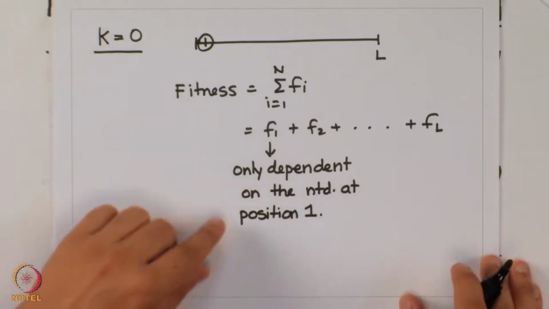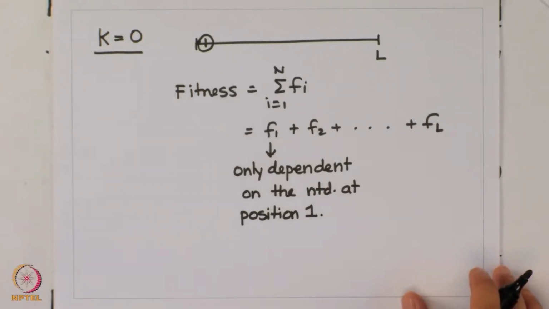Okay. So, that's what is represented by k equal to 0.